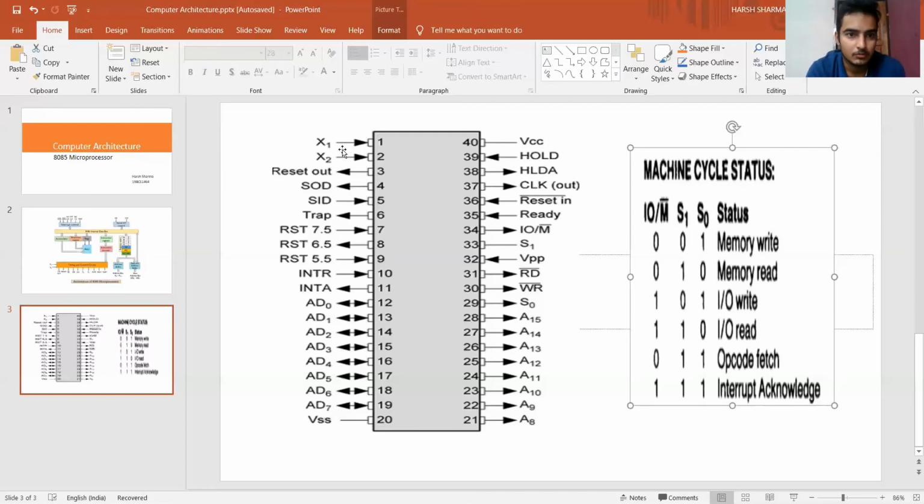Okay, now we have discussed only reset out, and reset in will be on the left hand side. So let's discuss reset out, and we will discuss reset in also.